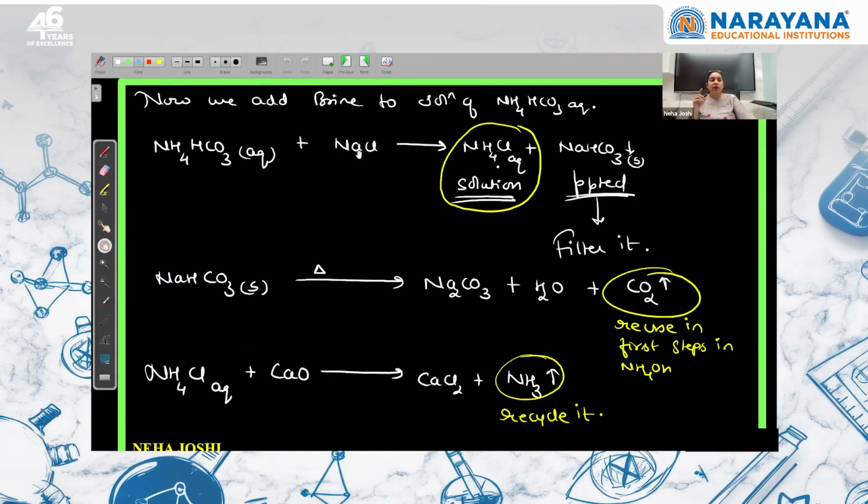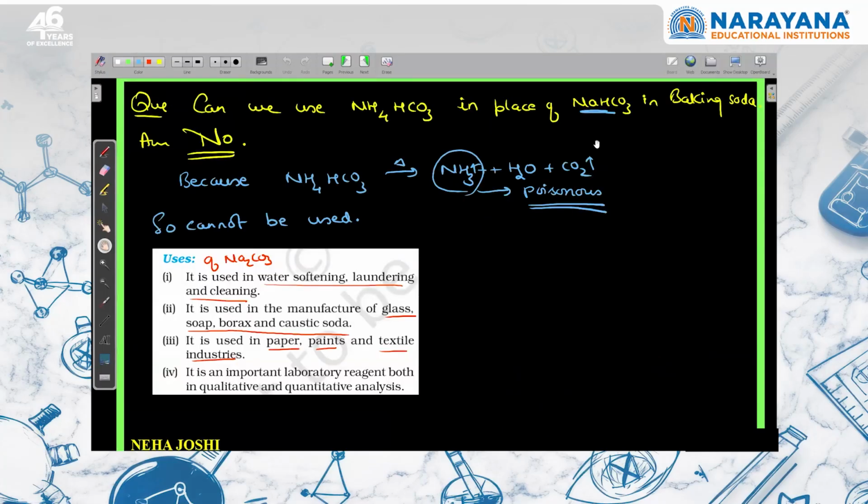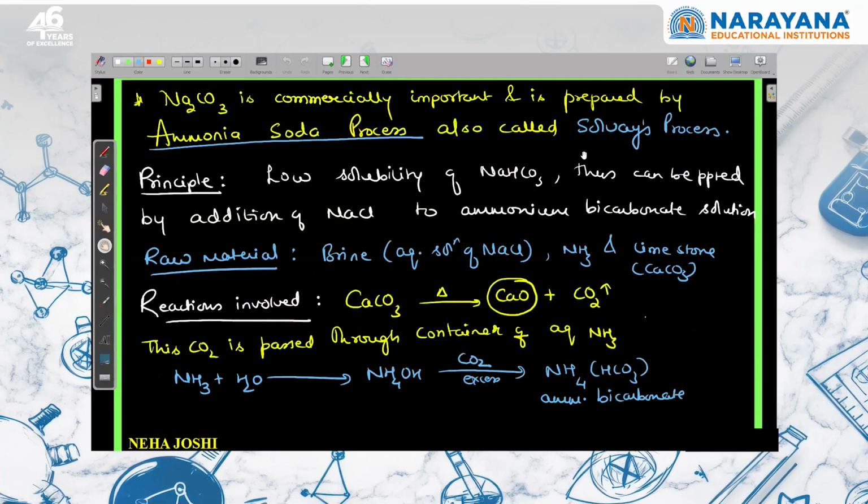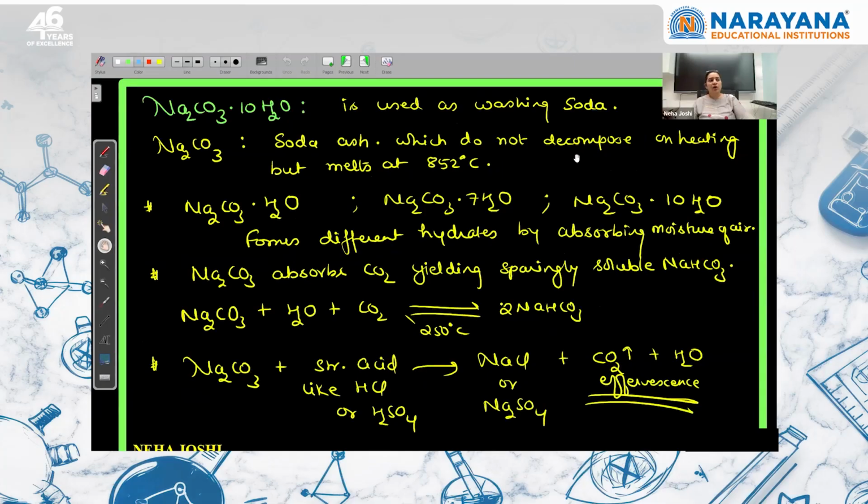The solubility of these bicarbonates, NaHCO3 is less soluble than KHCO3, though both are soluble, so it can be precipitated easily. If I want to use the same method to make KHCO3 by the Solvay process from K2CO3, I cannot, because KHCO3 is soluble and it cannot be precipitated. Clear, Divija? Though both are water soluble.